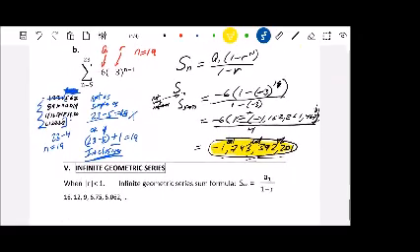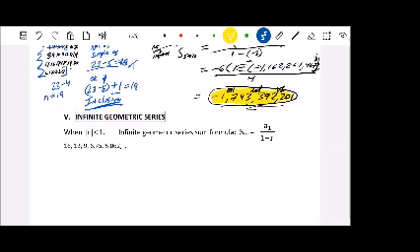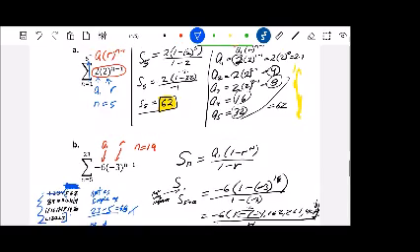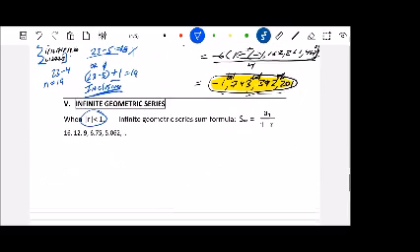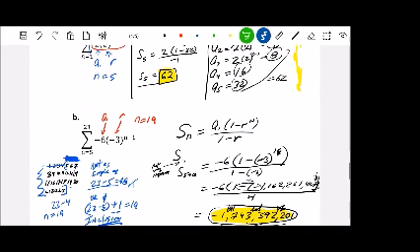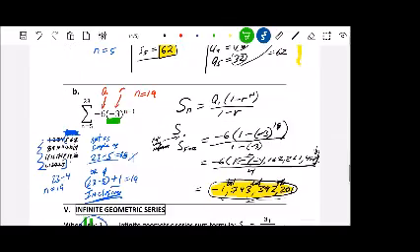Last thing here is an infinite series. And the infinite series occurs when the ratio is less than 1. If you go back to all these examples, the thing is, it's when the absolute value of the ratio is less than 1. Here we have a -3, the absolute value of that is 3, which is greater than 1, therefore it's not infinite. There's an actual sum for that if you kept going.